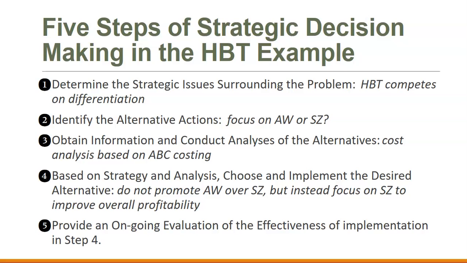When they look at all of that information, they're going to choose and implement their desired alternative. So they're not going to decide to promote their AW product line over their SC product line. They're instead going to focus on the SC line and decide to improve overall profitability from that single product line.